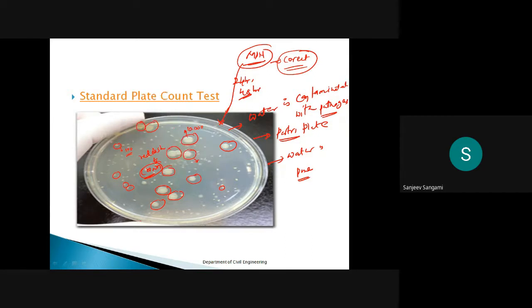The circles I have drawn are the indication of the presence of bacteria, and the big circles are the colonies. In those colonies, there will be more than 10,000 or 20,000 bacteria. This is one type of observation.